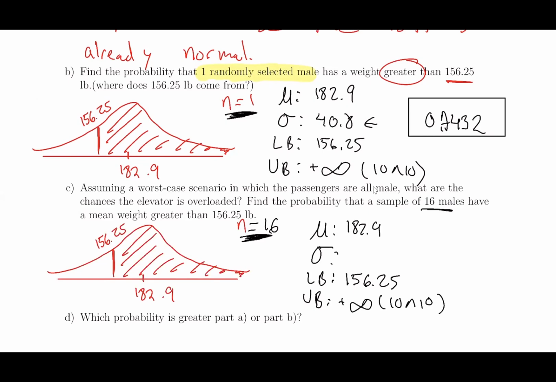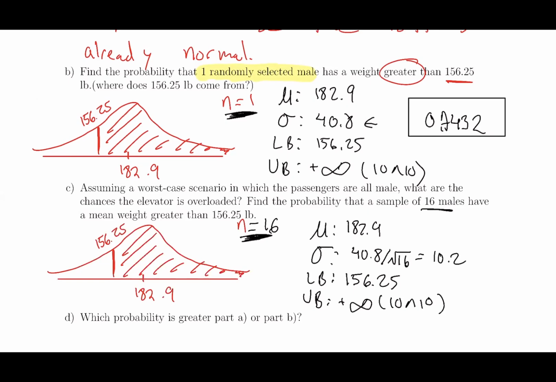Sigma in this case, you're going to do 40.8, but you have to divide this by square root of 16. Any question why we're doing 40.8 divided by square root of 16? Cool. All right, so if you do 40.8 divided by square root of 16, it actually ends up to be 10.2. Any question where the 10.2 come from?